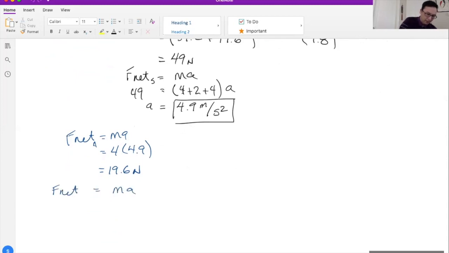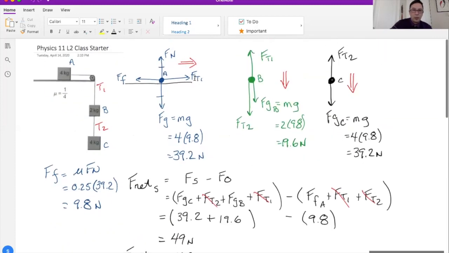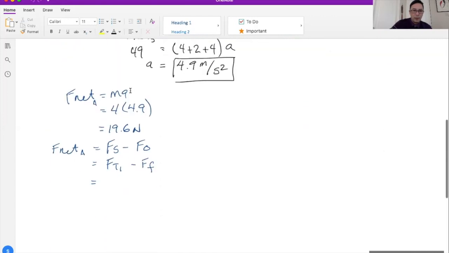Oops, sorry. The supporting force for A was force of tension 1. The opposing was friction. Right? Let's go back and have a look. Force of tension 1 supports, friction opposes. Okay, so force of tension 1 is what I'm looking for.